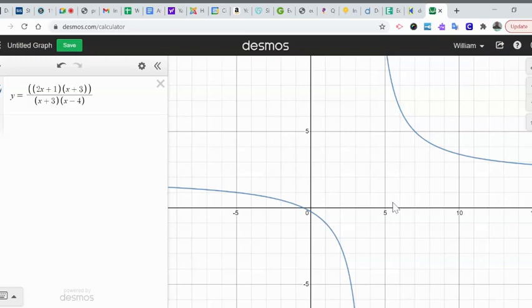Now once you have put it into Desmos, you can see in your graph you have your two parts. You can also see that you have your vertical asymptote at 4, and your horizontal asymptote will be at 2. And if you don't believe me, you can check on here as you go along.